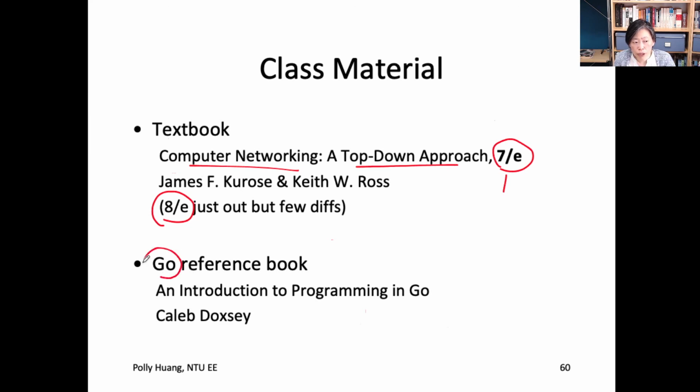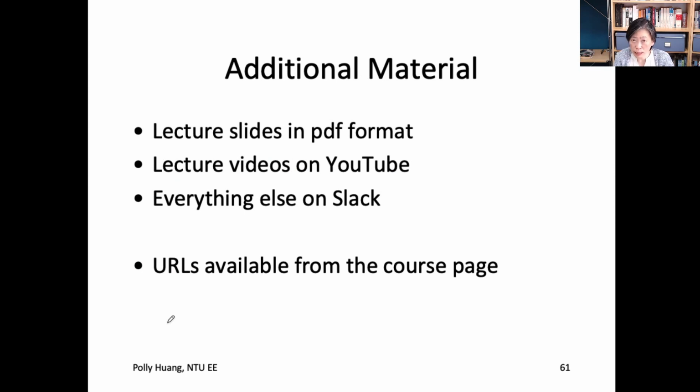And if you need a book for Golang, the programming language, I find this a really nice entry-level reading provided by Caleb Doxsey. It's also openly available. Very convenient. Additionally, lecture slides in PDF format, lecture videos on YouTube, and everything else on Slack.